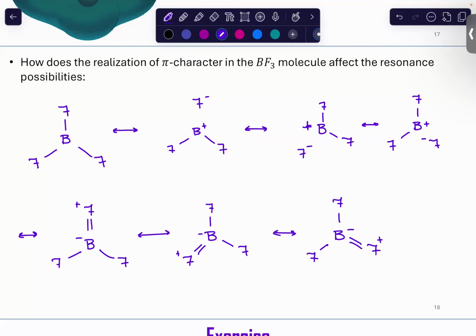And so we have three brand new resonance structures there that previously we wouldn't have been able to predict without the actual molecular orbitals. Now, these resonance structures are schemes trying to explain what's actually occurring. It's like I told you in year one.